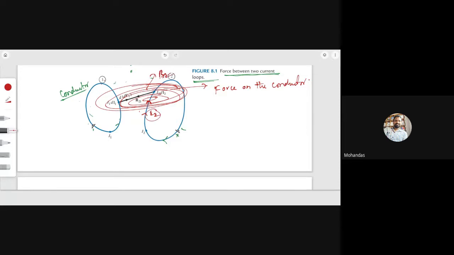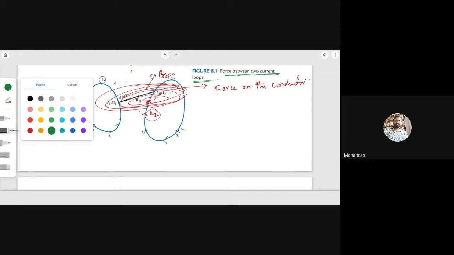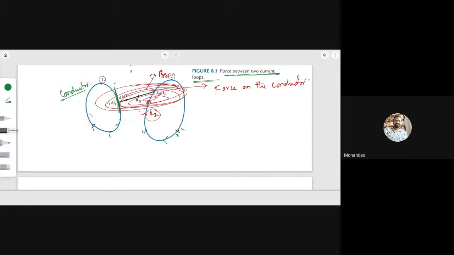In the magnetic field B, there is a conductor, which is placed in the magnetic field. Here also there is a force on which conductor? This conductor. Force on this conductor.